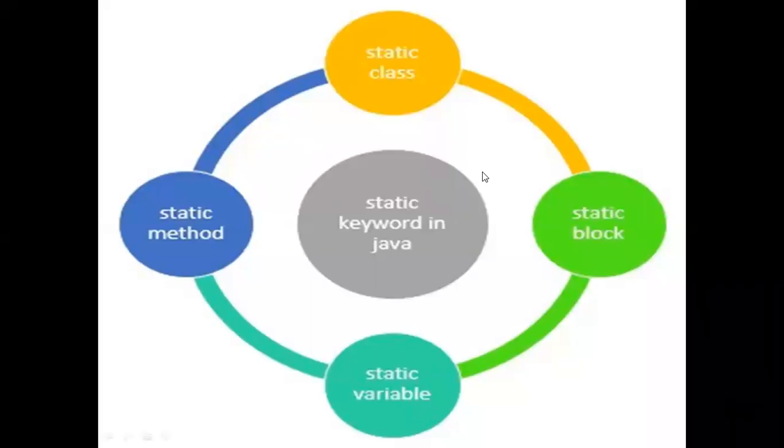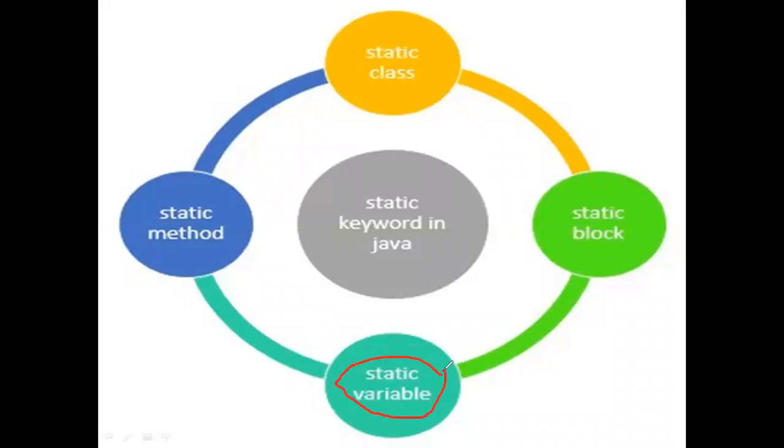Static is the keyword which can be used in four places of the program. We can use the static keyword along with variables, and when we do, we call those variables static variables.